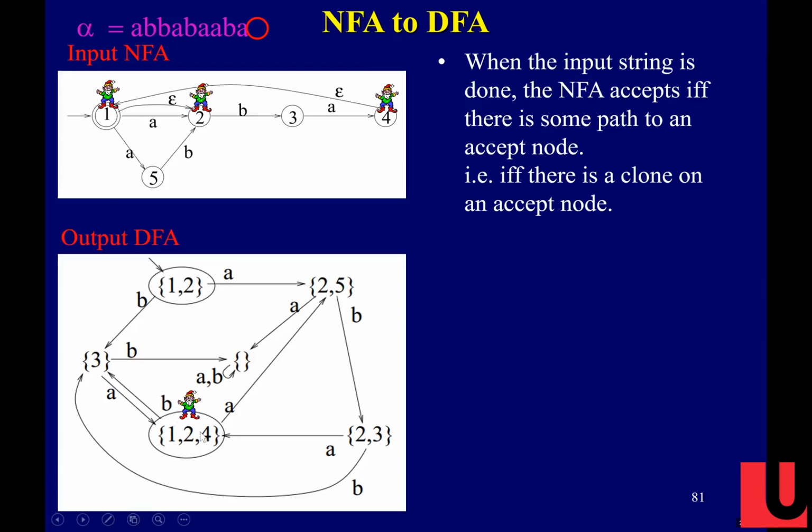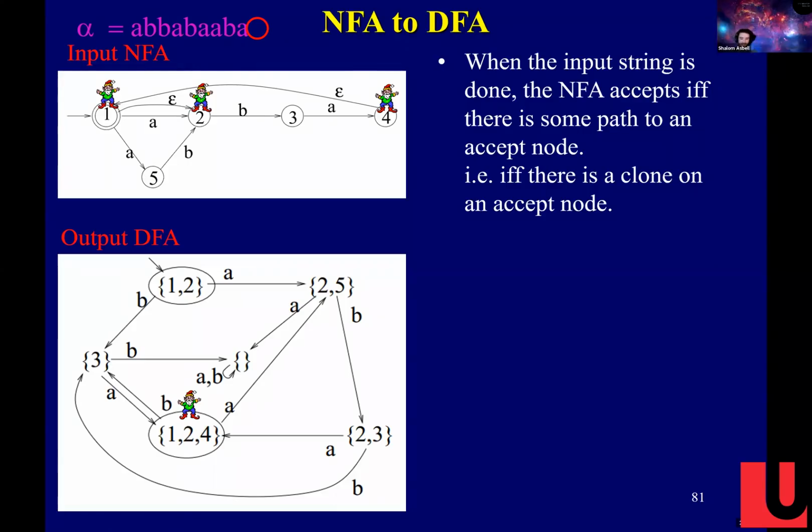Why? Because if I have a gnome in here, that tells me I could have a gnome in the NFA on either state 1, 2, or 4. So it tells me that there is a path with my string leading to 1, and there is a path leading to 2, and there is a path leading to 4. Well, if there's one leading to 1, then I need to accept because that's the accept state. Did that answer your question?